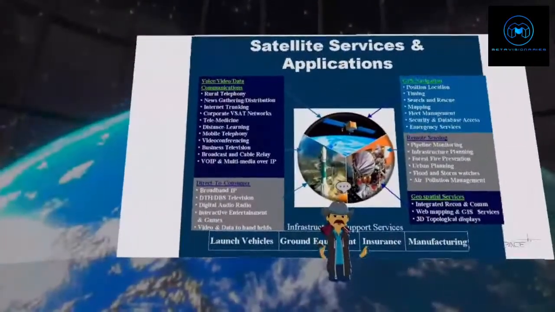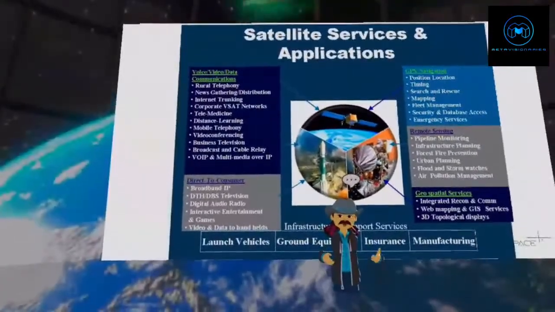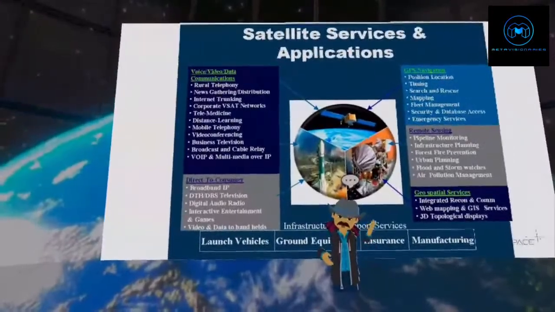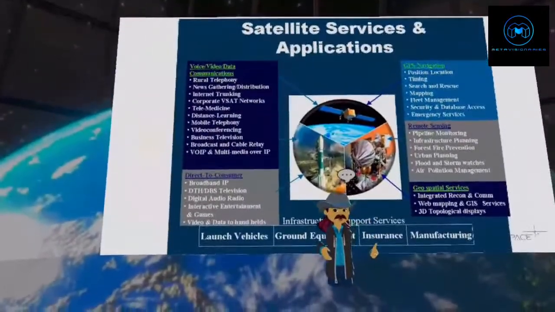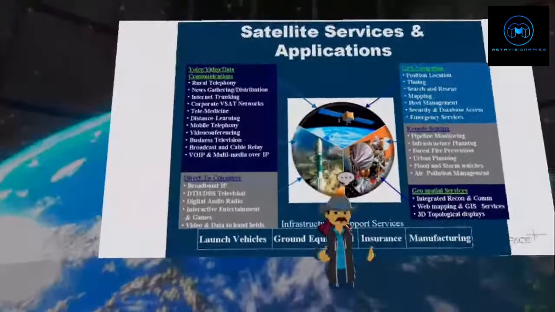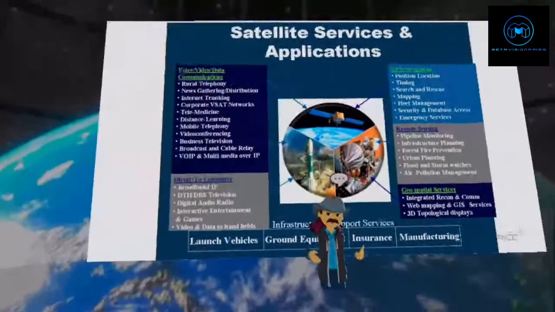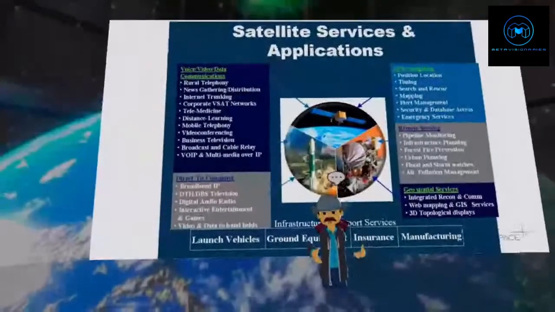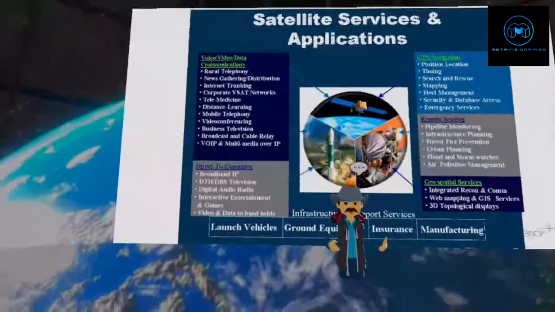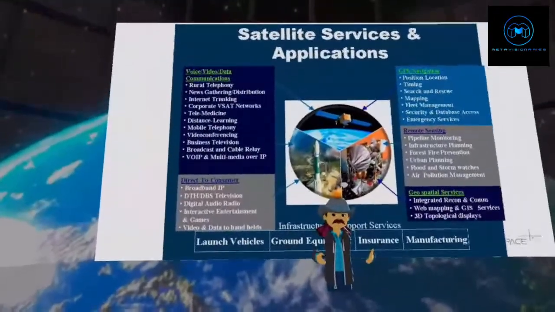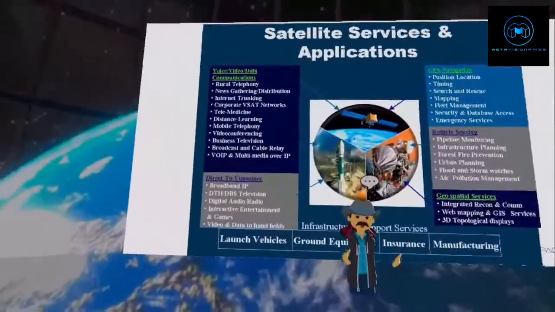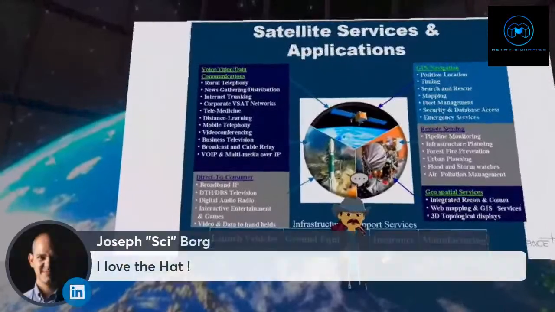And the biggest by far is our use of telecommunications, direct consumer, so people receiving radio or television, watching movies directly from satellites. We have voice and video, people providing rural services, telemedicine, telehealth, teleeducation. All of these telecommunications activities are very, very important to our global digital world that we all live in today.